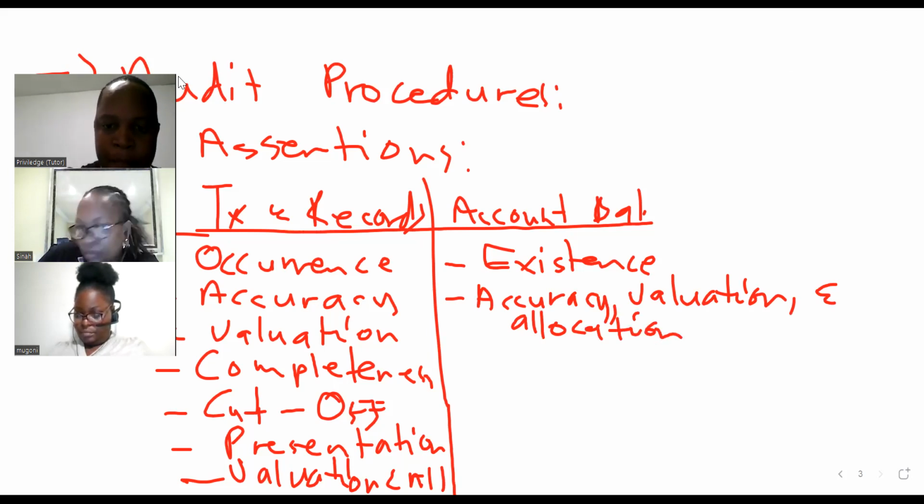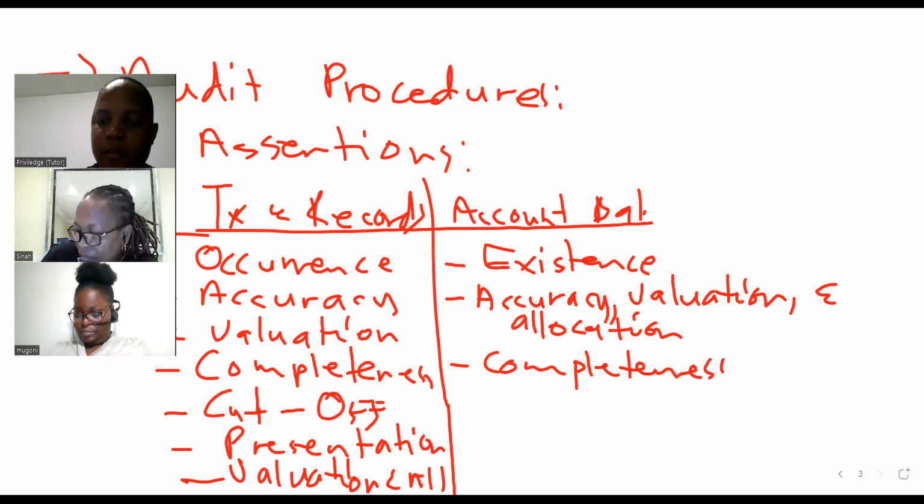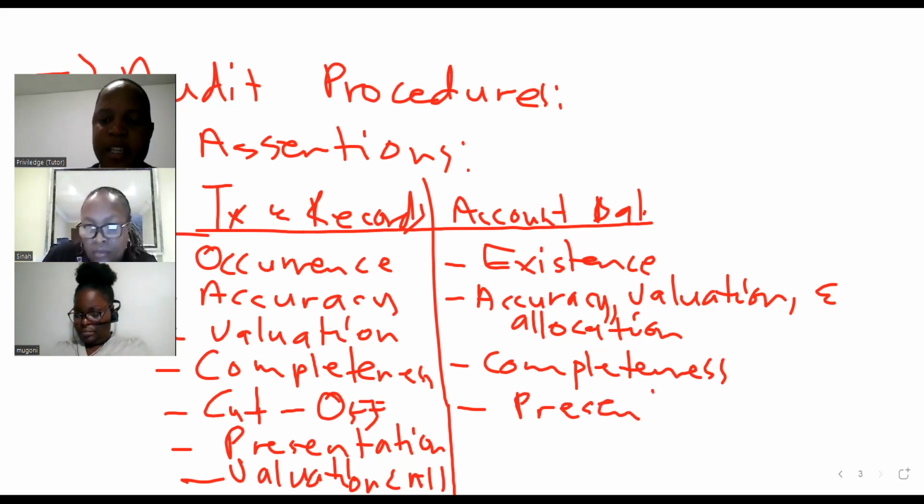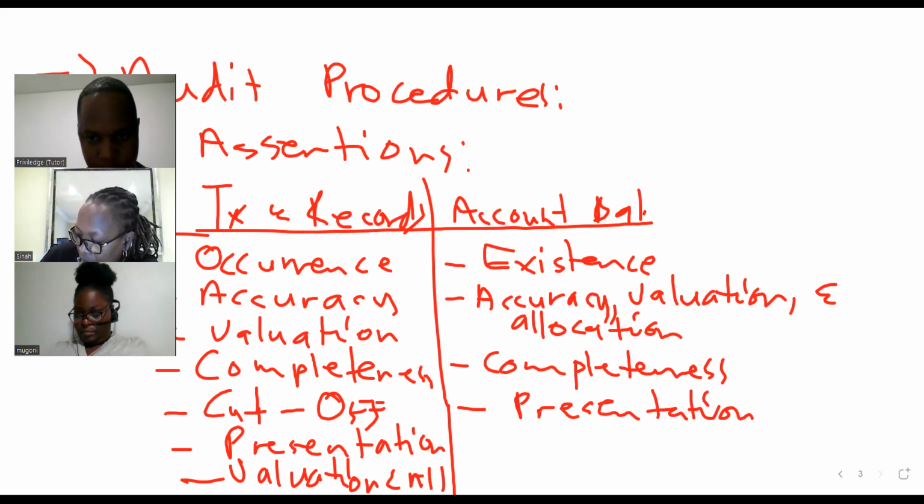Similar to transactions and records, we also test for completeness. There is no cut-off when you're dealing with account balances, but definitely there is need for you to account for presentation as well, just to name a few.